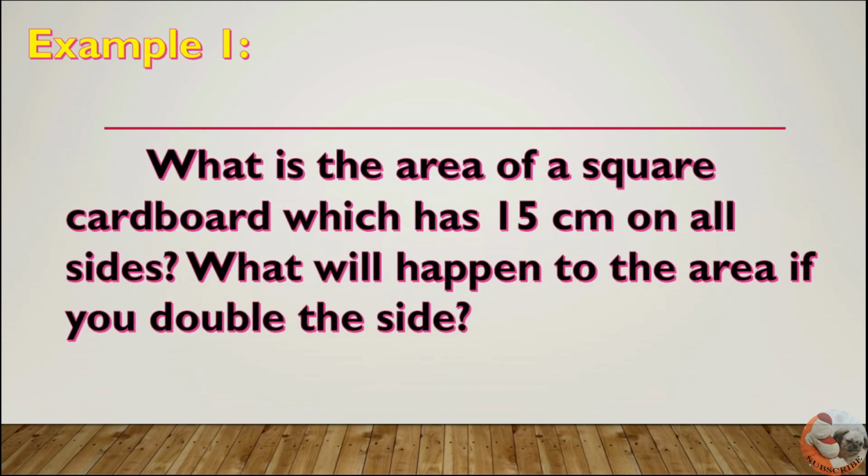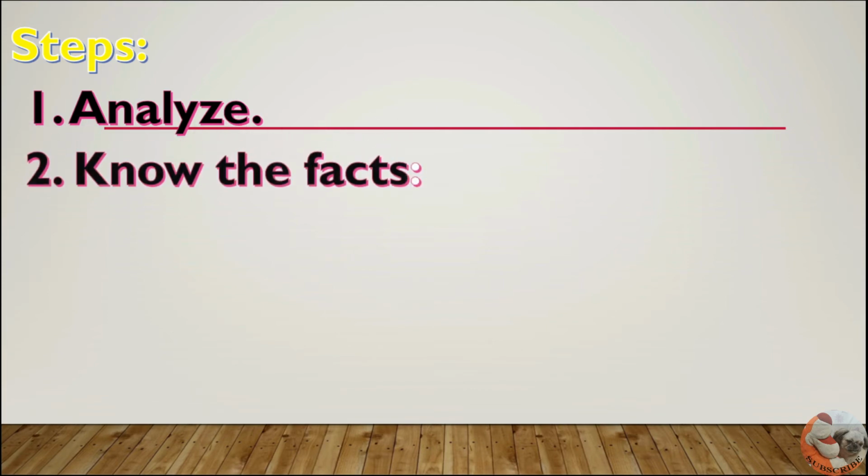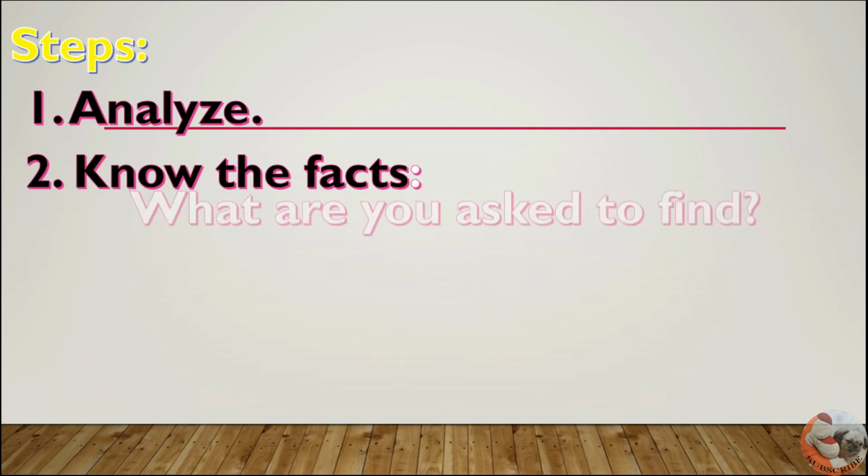What is the area of a square cardboard which has 15 centimeters on all sides? What will happen to the area if you double the side? Here are the steps. Number 1, you have to analyze the problem. Number 2, know the facts.